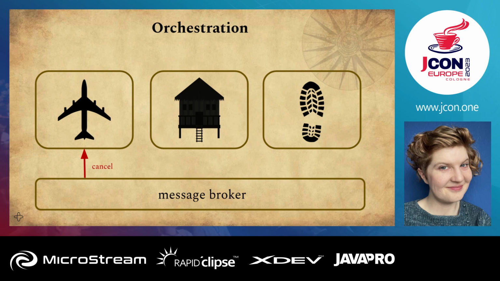You can continue running again as if that message broker never died. So falling over or a single point of failure is not quite as bad as you might have worried.